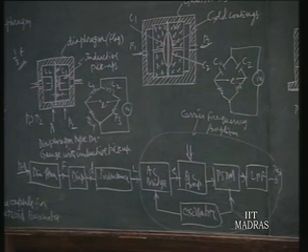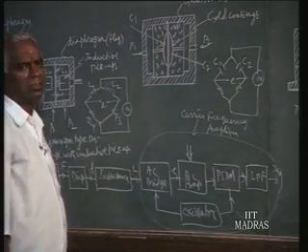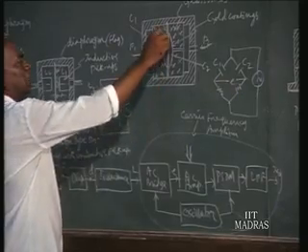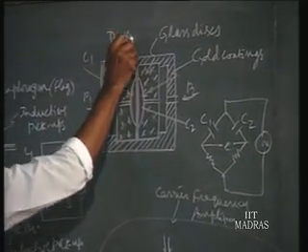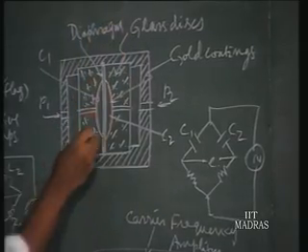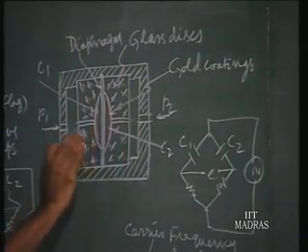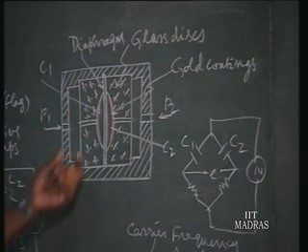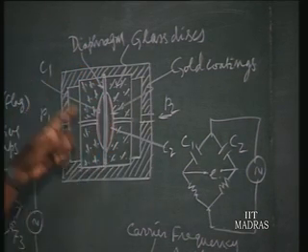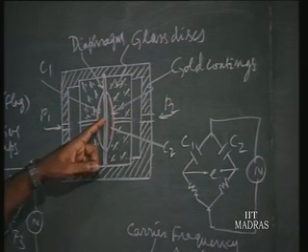Here there is another version where the deflection of the diaphragm is made use of to change the capacitance of two capacitors. This is the diaphragm, which is acted upon by two pressures P1 and P2. When P1 becomes larger, it deforms like this. So the distances of the two capacitors change, C1 being capacitor 1 and C2 the other capacitor.